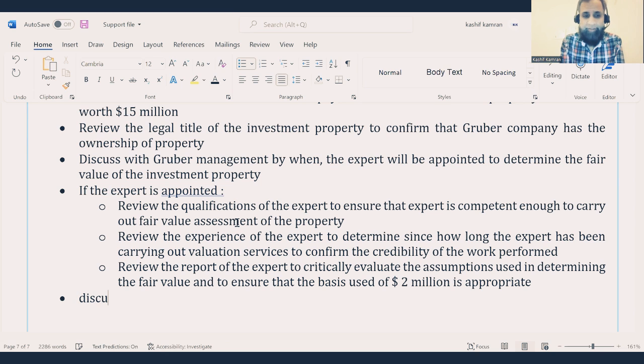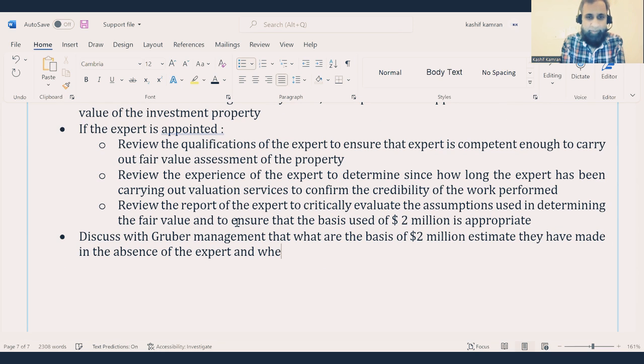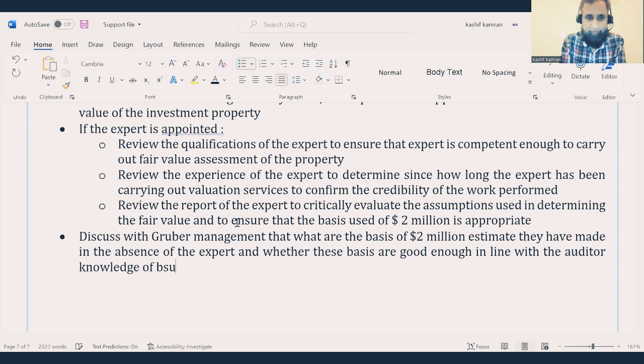Finally, discuss with Grubber management what are the basis of the $2 million estimate they have made in the absence of the expert, and whether these bases are good enough, in line with the auditor's knowledge of business.